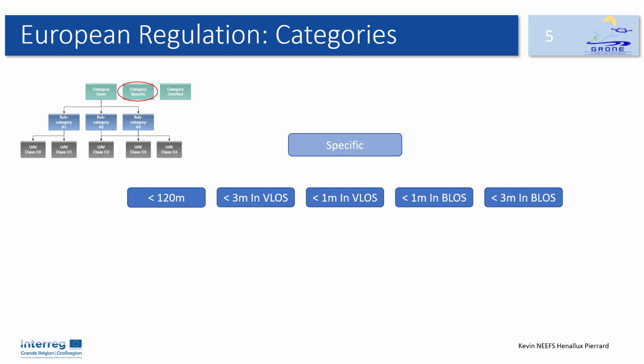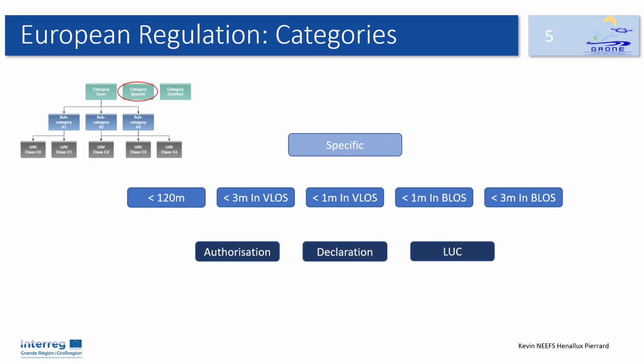To fly in the specific category, you need to get an authorization, enter a declaration, or be in possession of a LUC, Light UAS certificate. In every authorization application, there is a risk analysis and measures to mitigate them.